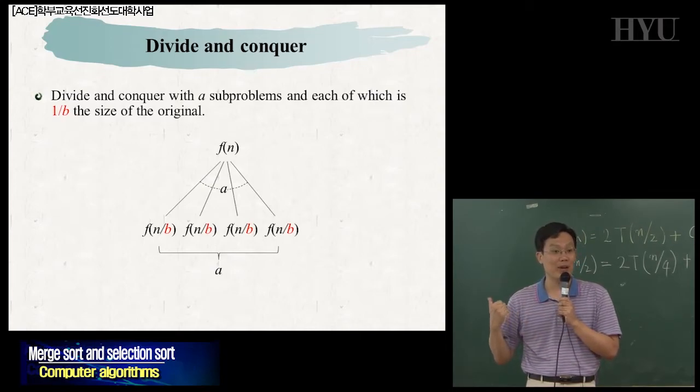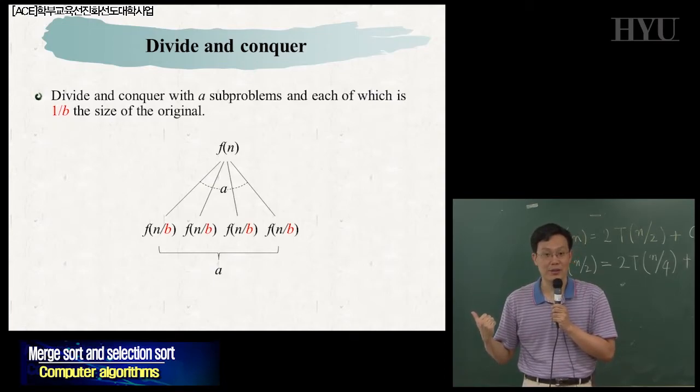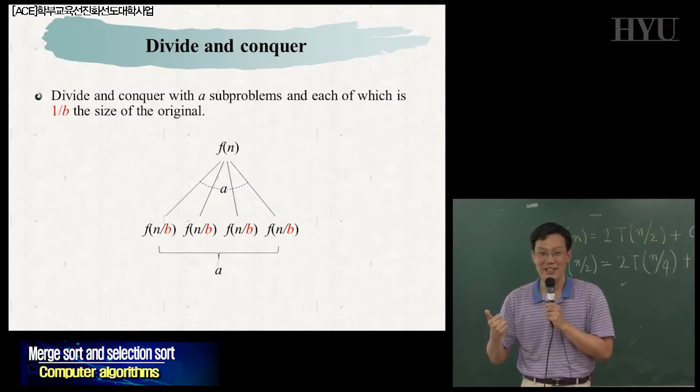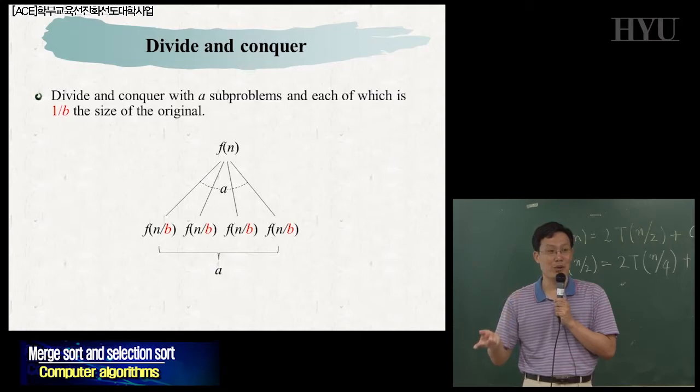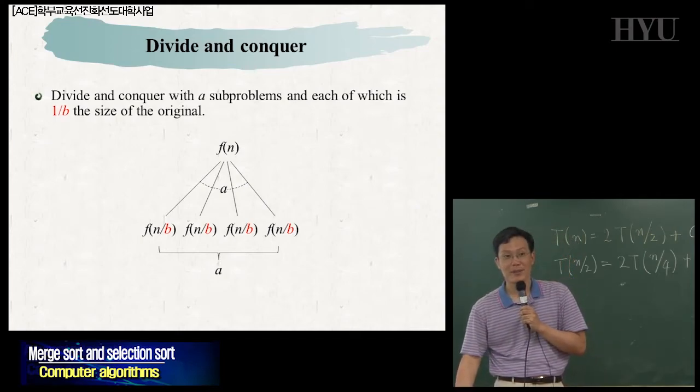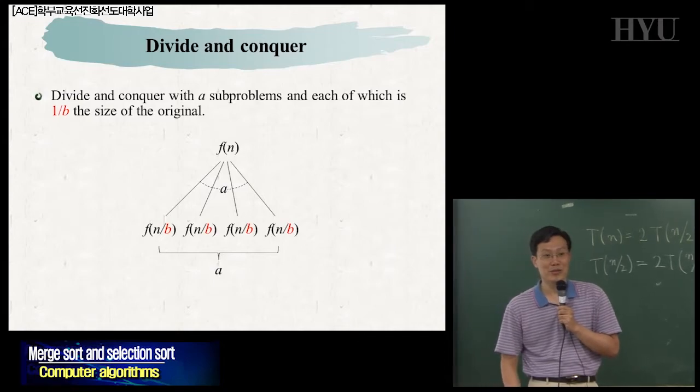What is the value of a of merge sort? 2. And what is the value of b of the merge sort? What is the value of b? It's 2.